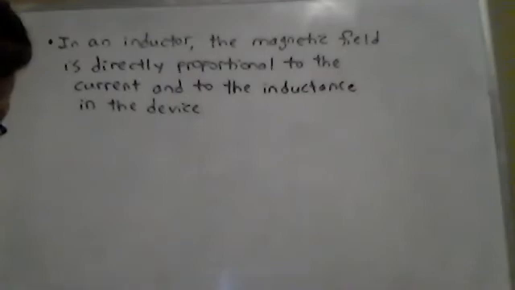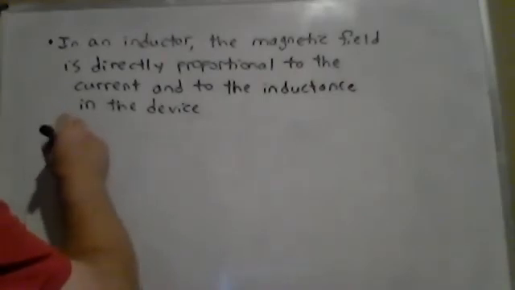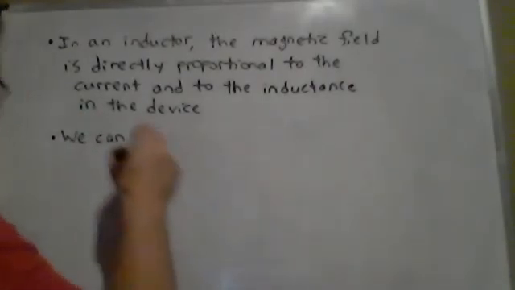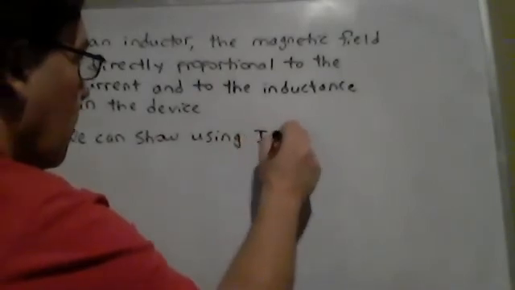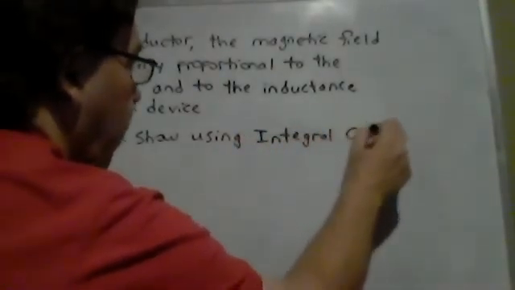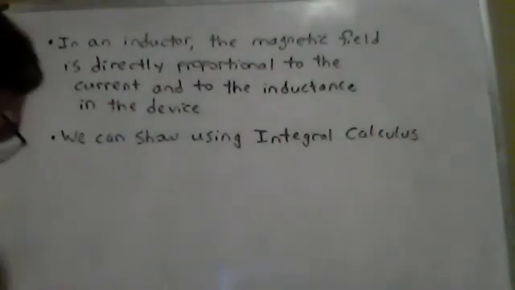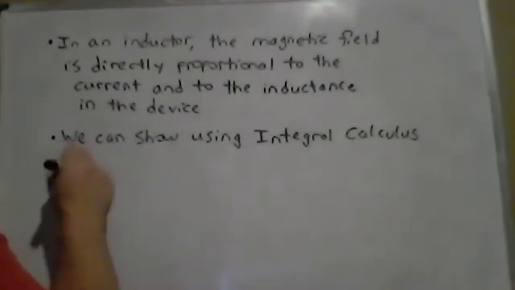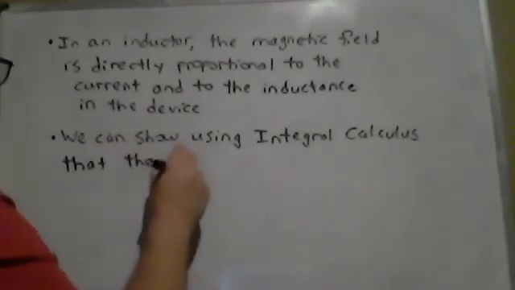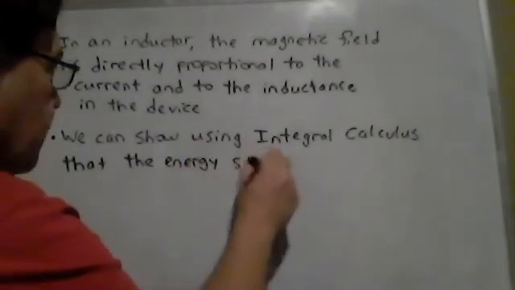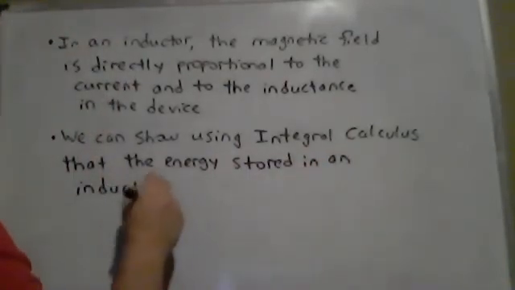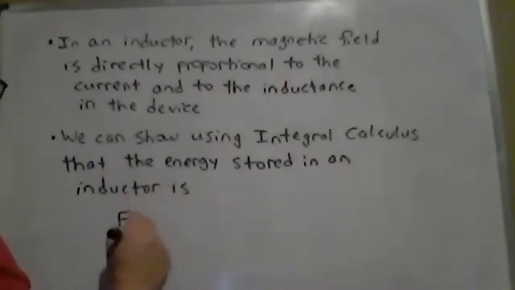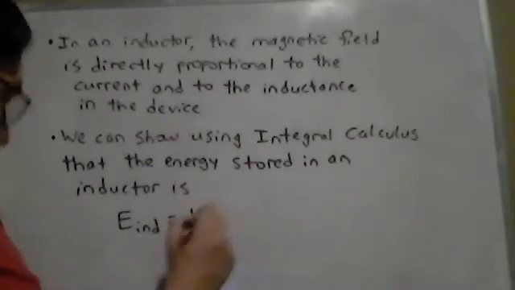All right. So in that way, we can show, again, I'm not going to show it here, but we can show using integral calculus that the energy stored in an inductor is, we call it E ind, I mean 1/2 L i squared.